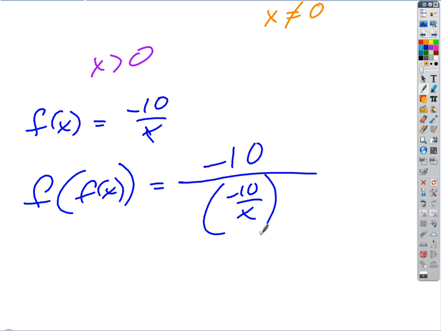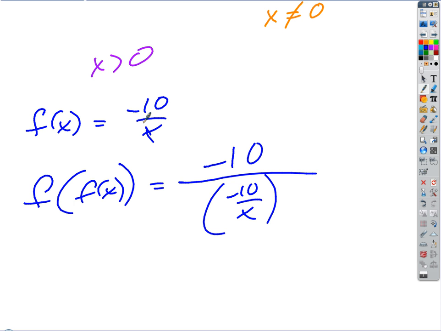Okay, so this is just a different way of writing negative 10x to the minus 1. Maybe it's easier to see that. I like this way better, right? We just write it as a fraction. So in this case, f of x is just negative 10 over x. So f of f of x is negative 10 over f of x, right? But what's f of x?